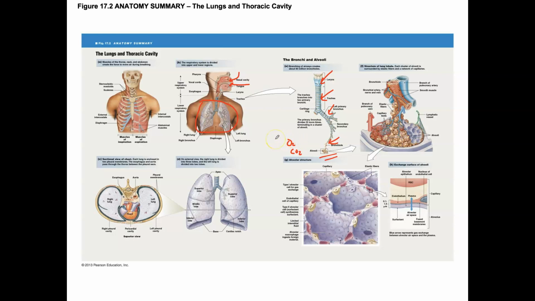When looking at the physiology of the respiratory system, we really have to talk about how we use the diaphragm and other muscles to move air in and out of the respiratory system. The primary function of the respiratory system is to exchange respiratory gases between the atmosphere and our blood.